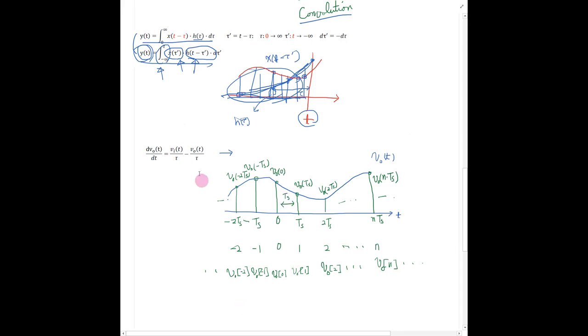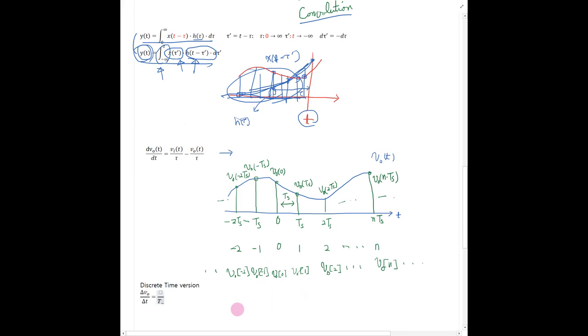Then we would like to convert that equation into a discrete version. To figure out the discrete time version, I would like to convert the rate of change, delta vo over delta t, which is the derivative term. The time difference is always Ts in the discrete version.